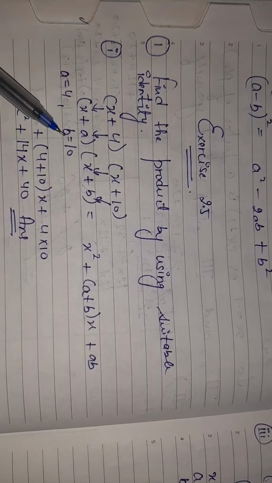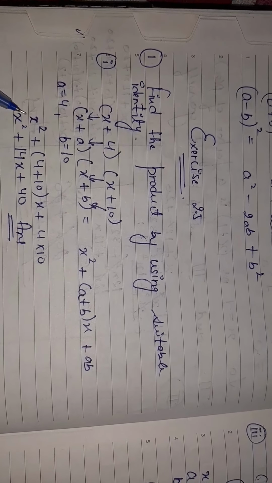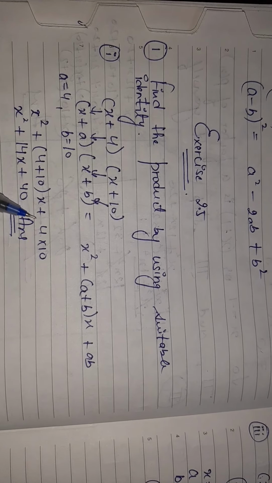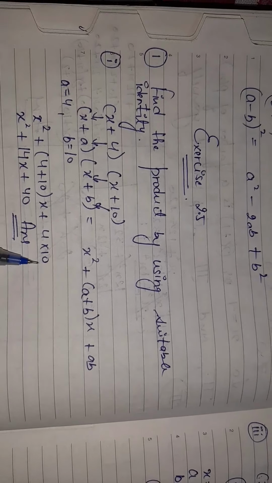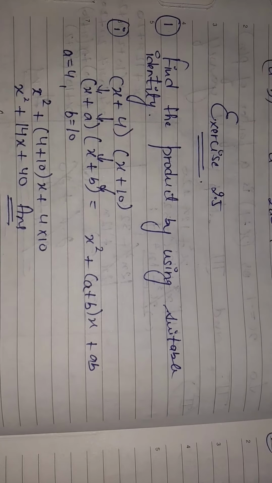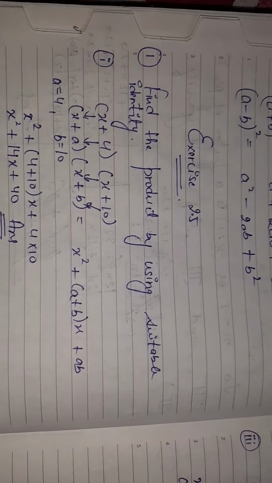Got it? Now put these values in this formula. That means x square will remain as it is, (a + b), 4 plus 10, x outside, plus a into b. 4 tens are 40. So the polynomial becomes x square plus 14x plus 40. Got it?